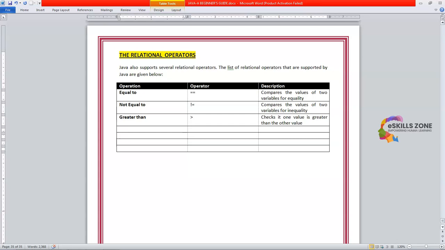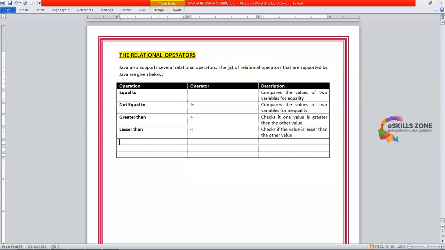Next one is lesser than. For this we can use less than symbol, and it checks if the value is lesser than the other value. Next one is the greater than or equal to. So we can use greater than and equal to, very simple.